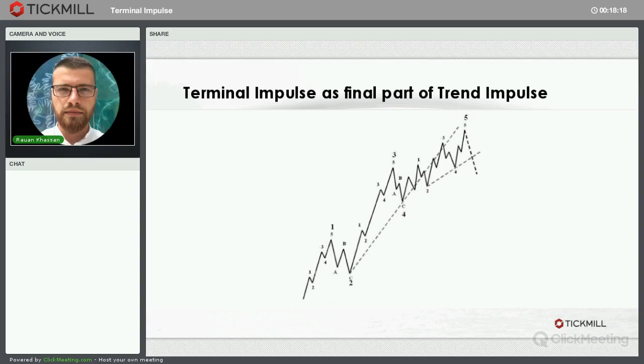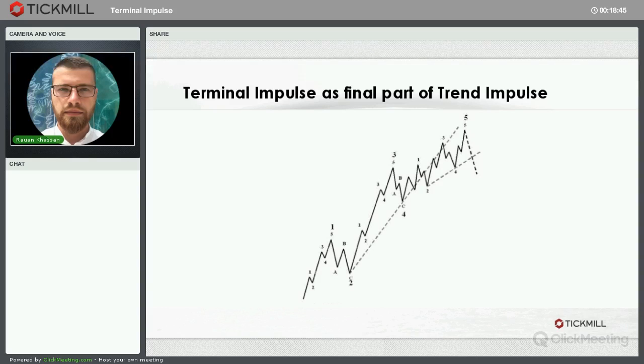The schematic understanding for this model is represented on the slide. As you can see, the overall structure does have trend impulse properties. So waves which are having a trend direction consist of 5 elements.